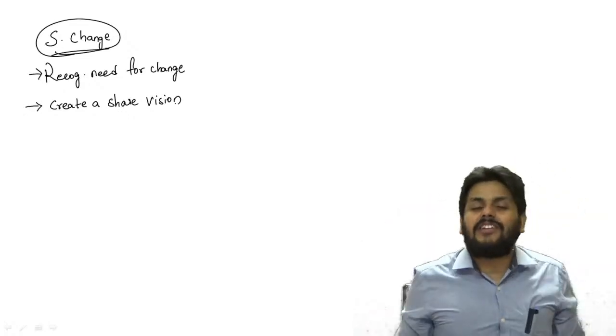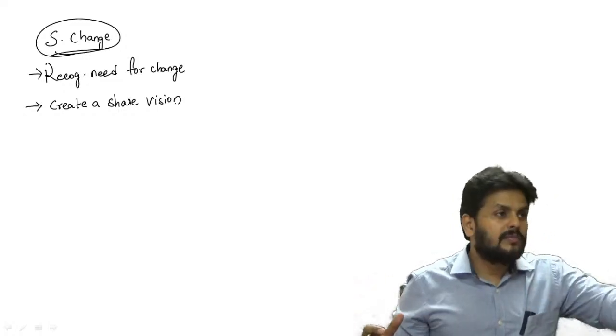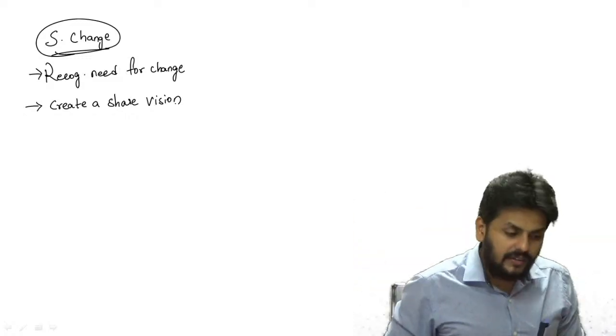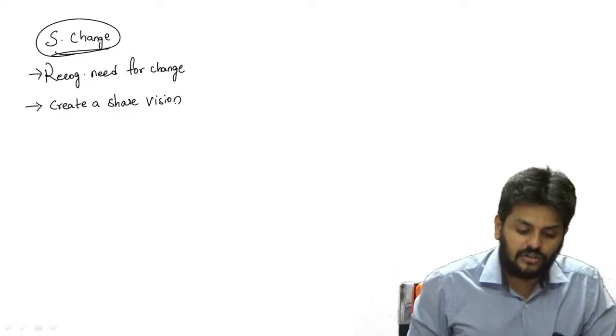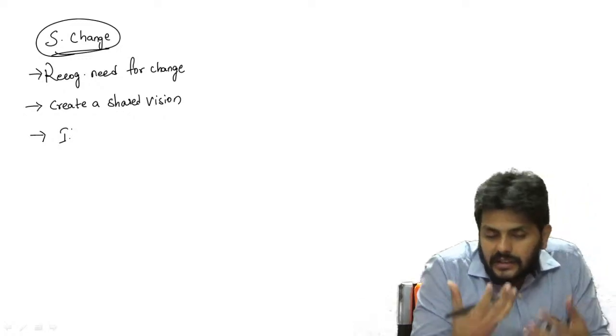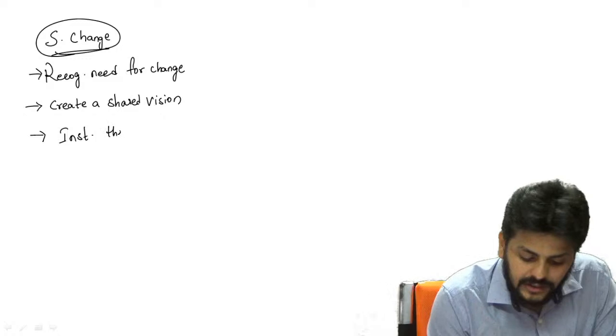If you keep the vision in your mind, where are you going to succeed? You do something, each one of them does something, then collectively all of us can achieve something much better. So recognize the need for change, create a shared vision, and then make that change your own, which is called institutionalizing the change.